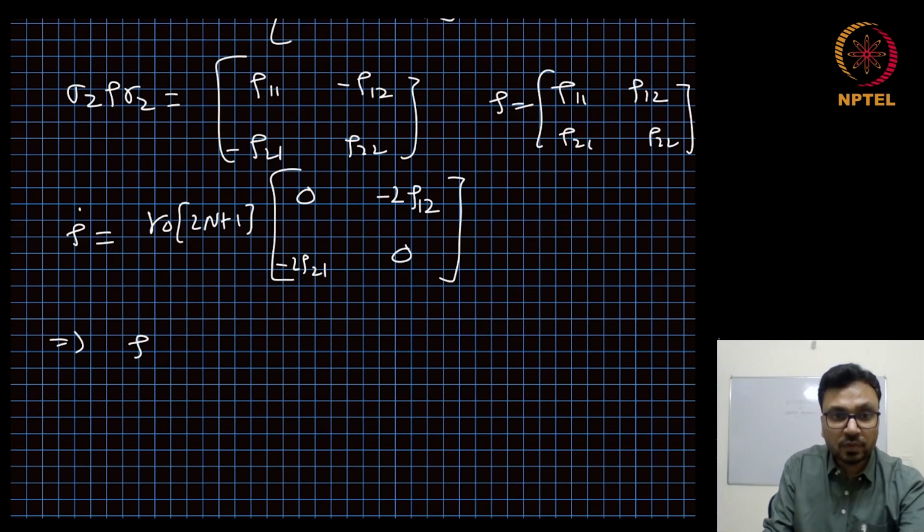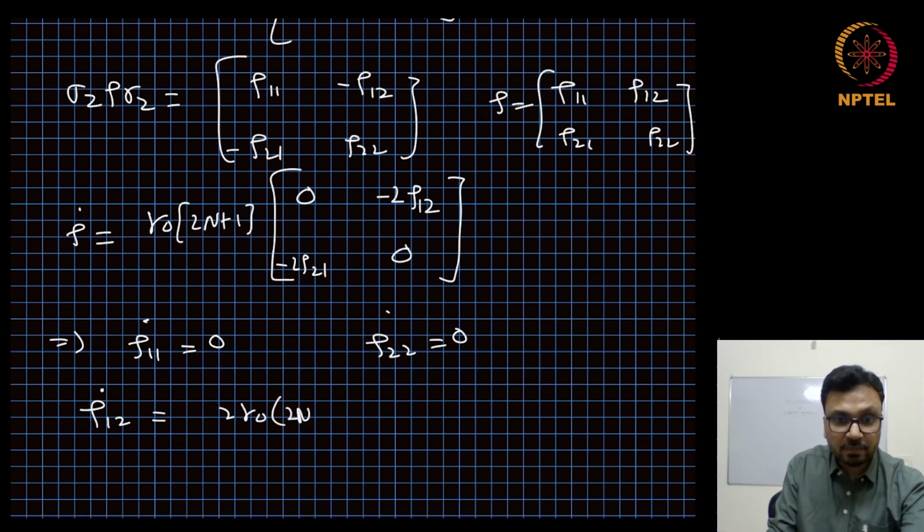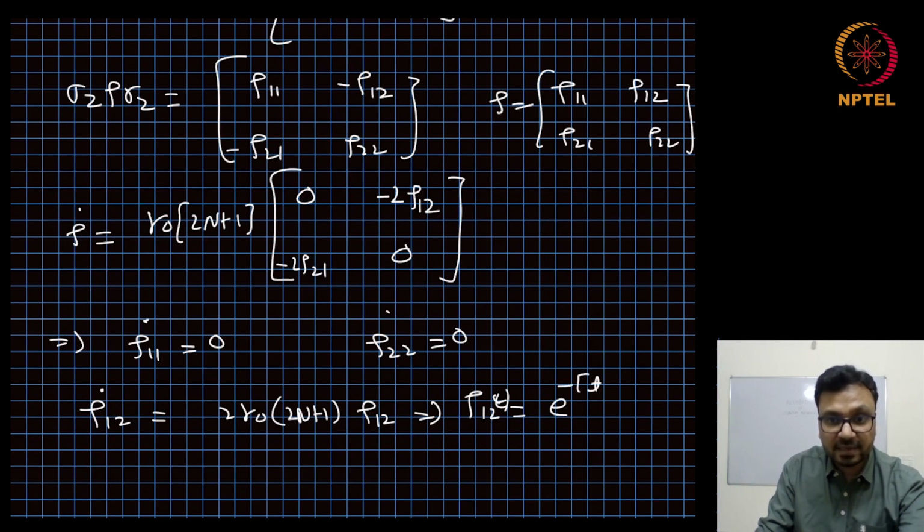This implies that ρ_11 dot is 0, ρ_22 dot is 0, ρ_12 dot is minus 2γ_0 (2n+1) times ρ_12, or ρ_12 at time t is exponential of minus gamma t, with the minus sign here, times ρ_12 at 0.